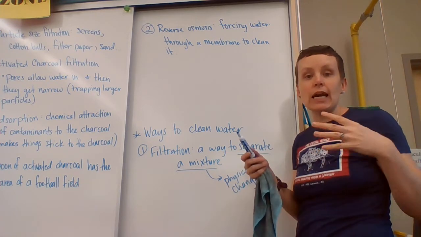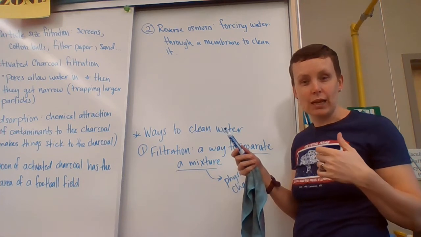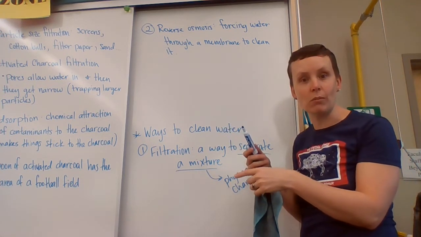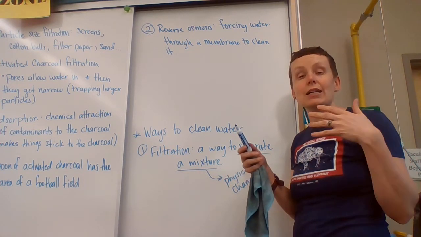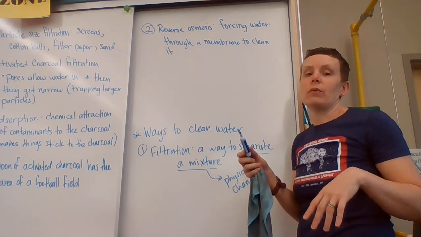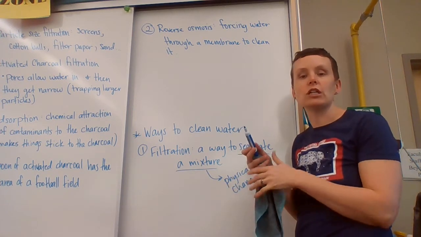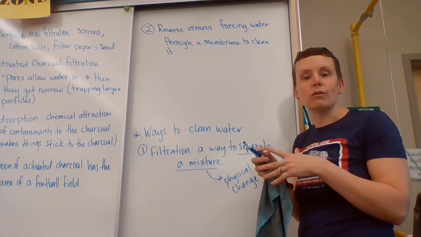Now, water has a tendency to go to the side that has less water or has more contaminants. And we don't want it to be more contaminated. We want it to go to the clean side of the membrane. So we can push that water through the membrane. It takes energy because you can't push too hard, you'll tear the membrane. So it takes a lot of time and energy to push water to the side that it doesn't want to be on. But that's what reverse osmosis is.